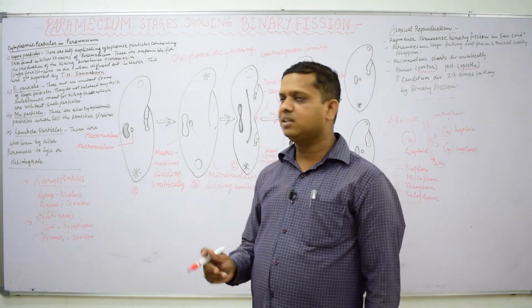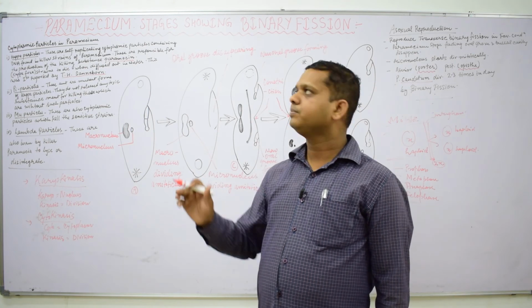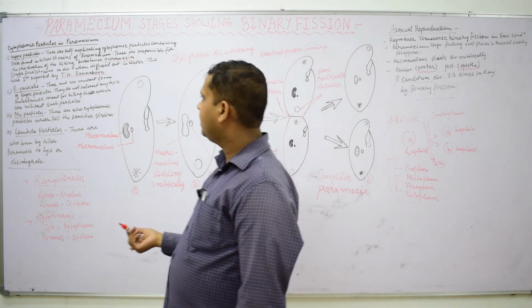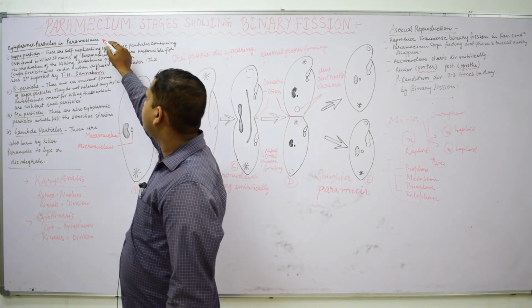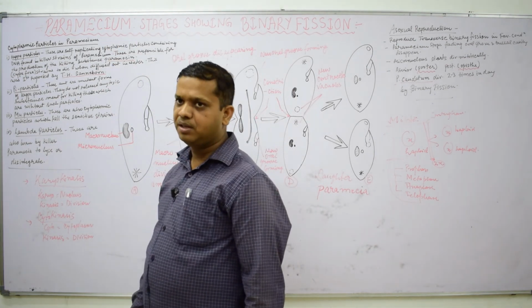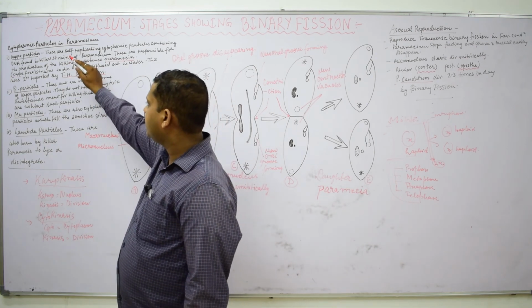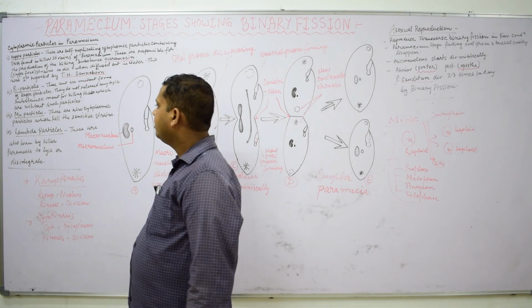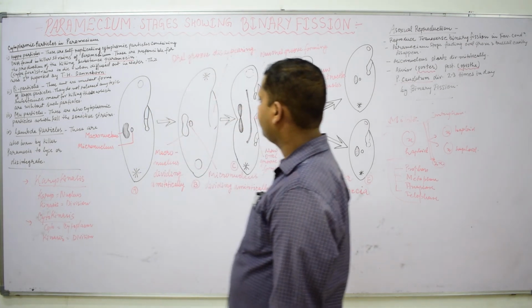So, we have understood the four associated terms in paramecium asexual stages with binary fission, the cytoplasmic particles available in paramecium: kappa particles, pi particles, mu particles and lambda particles.